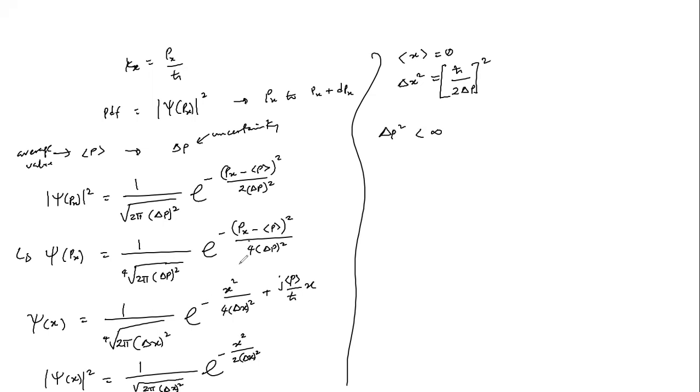This implies that the particle can be localized as a wave packet. Also note that the uncertainty product is the same as h cross over 2. Hence, the Gaussian wave packet is a minimum uncertainty wave packet.